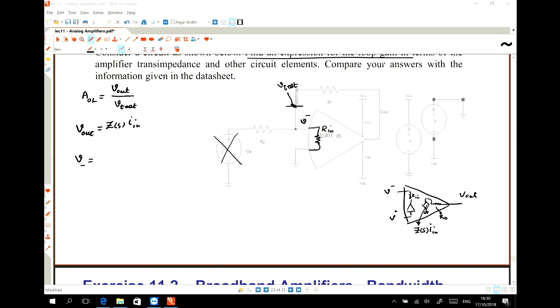So it is R in parallel with RG divided by RF plus R in parallel with RG, times V out.